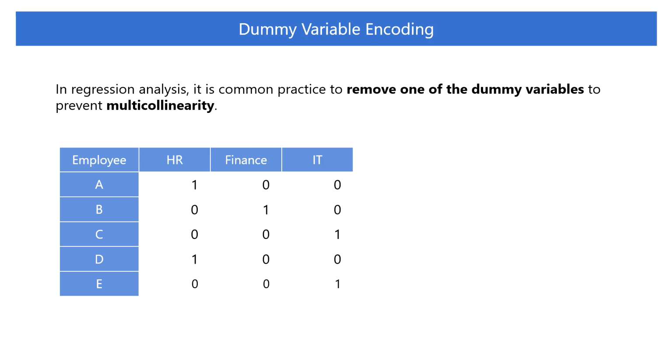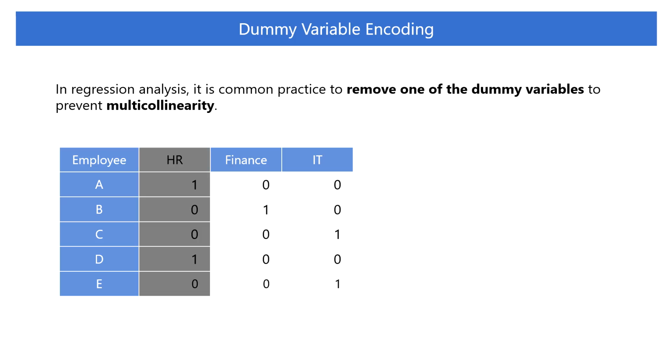However, in regression analysis, it is a common practice to remove one of the dummy variables to prevent multicollinearity, a situation where variables are highly correlated and can cause estimation problems. For example, if we remove the HR column, Finance and IT can still be represented as before.